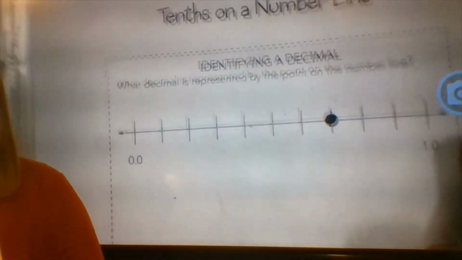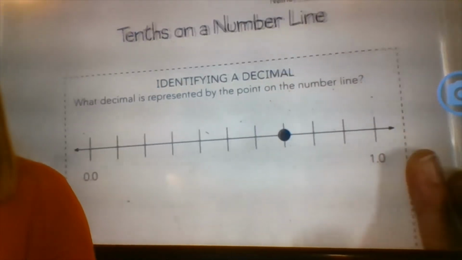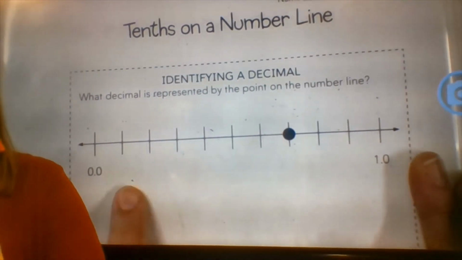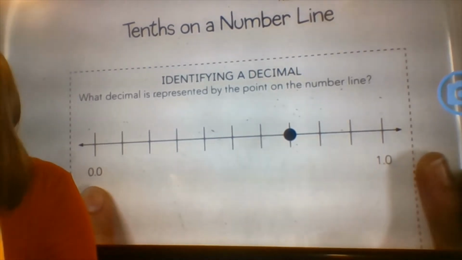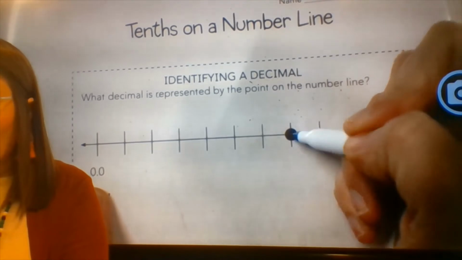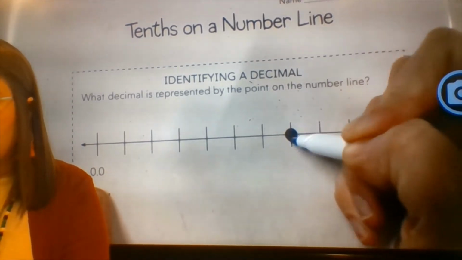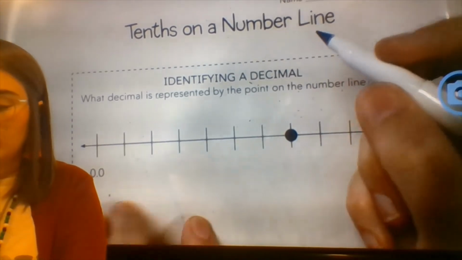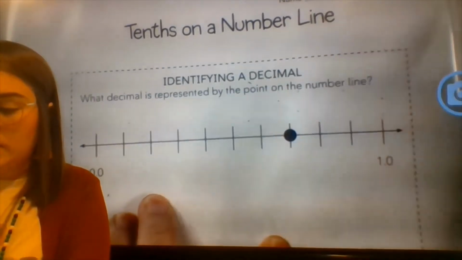Okay, so the question is, what decimal is represented by the point on the number line? So we've got to count by tenths, and we've got to figure out what decimal lands right here. So let's go ahead and start labeling the entire number line.